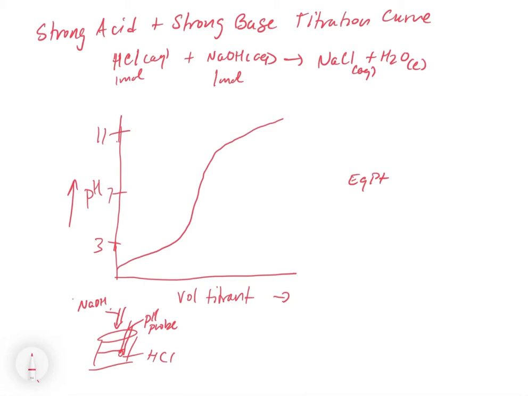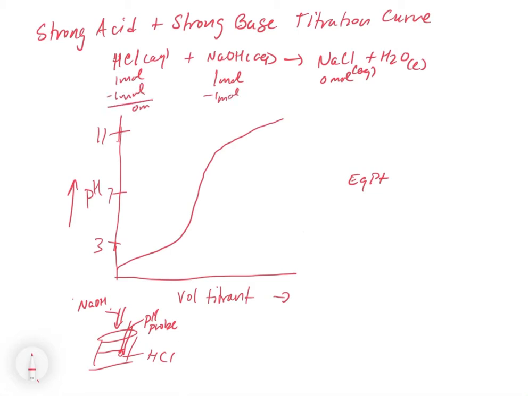So when we start, we're going to simulate a stoichiometry table here. When we get to the equivalence point, we're going to have 1 mole of NaOH and 1 mole of HCl. There is not going to be a limiting reagent at this point because they're equal. So we get minus 1 mole, minus 1 mole.